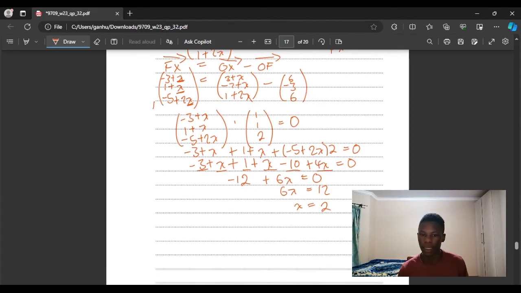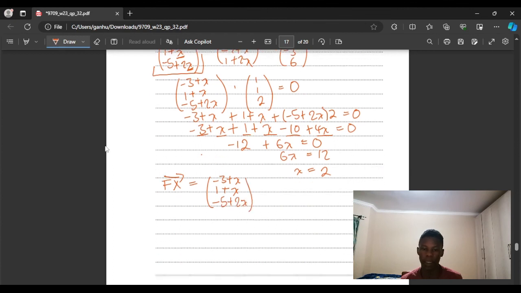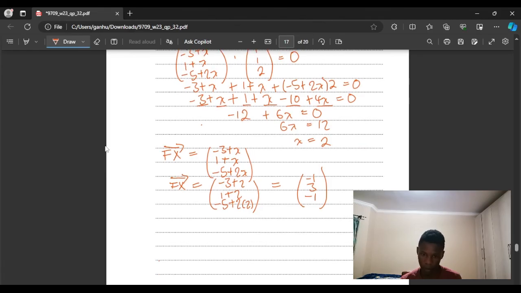And now that we have lambda, we can now find the exact coordinates of FX. So if FX is (-3 plus lambda, 1 plus lambda, -5 plus 2 lambda), we will substitute lambda with 2. So this becomes (-3 plus 2, 1 plus 2, -5 plus 2 times 2), and this simplifies to give (-1, 3, -1).